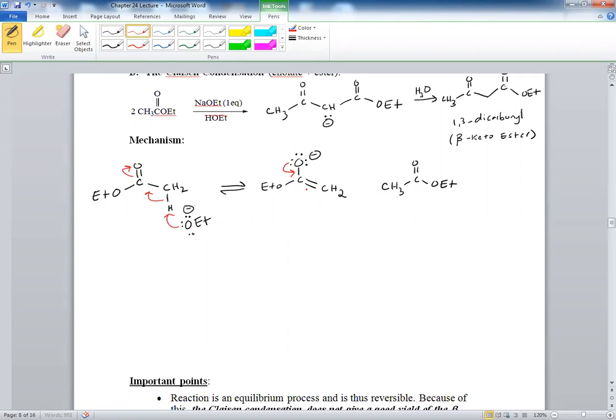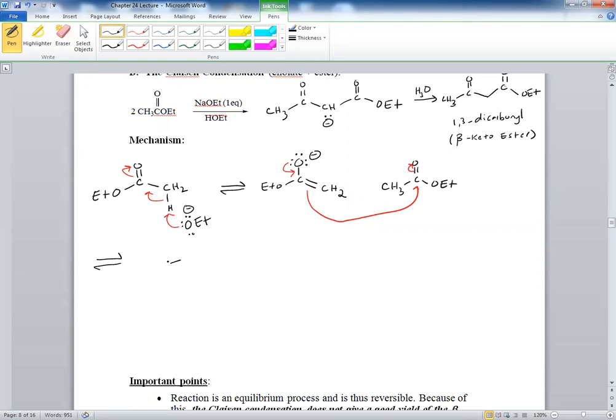Remember, these come down. This attacks the carbonyl. And there's really not that much of a difference between the mechanism of this one and the one we've seen before. Oops, I mixed it up with the aldol condensation.